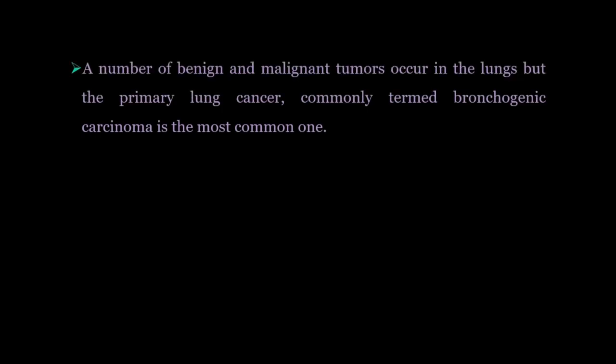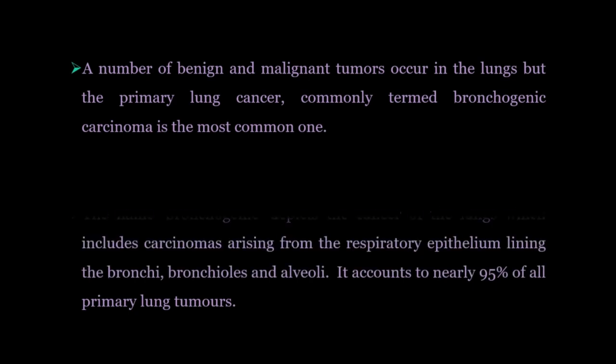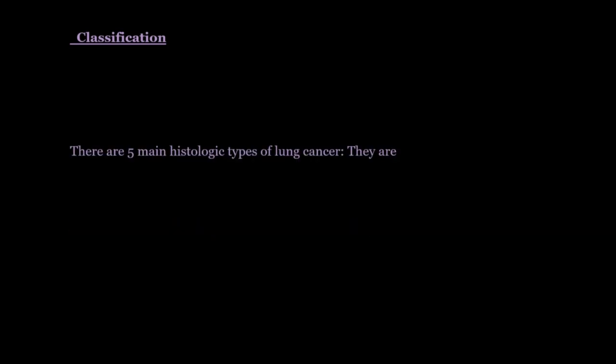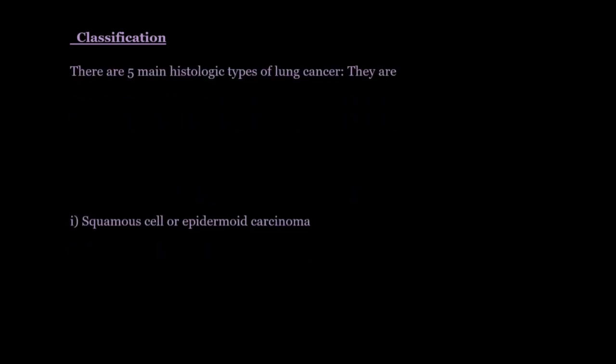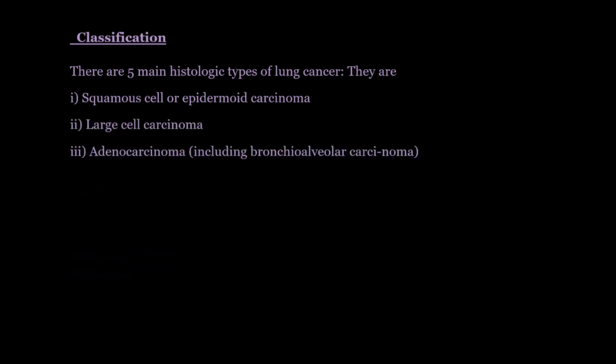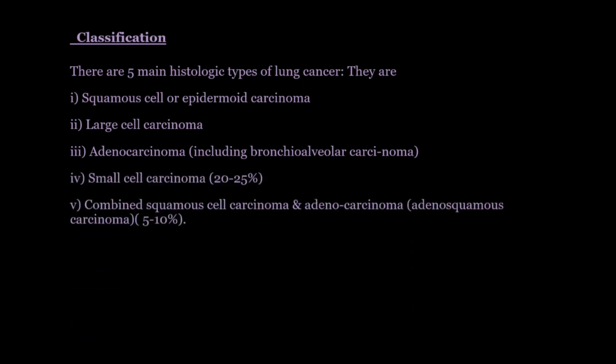Out of the number of benign and malignant tumors that occur in the lungs, the primary lung cancer, commonly termed bronchogenic carcinoma, is the most common one. In the aspect of pathology, there are 5 main histologic types of lung cancer. They are squamous cell carcinoma, large cell carcinoma, adenocarcinoma, small cell carcinoma, and combined squamous cell carcinoma and adenocarcinoma.